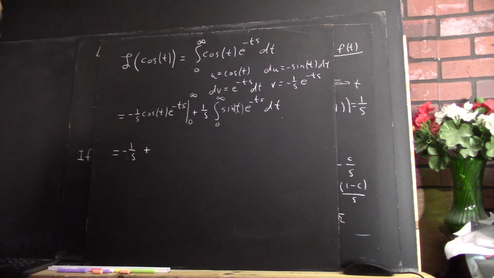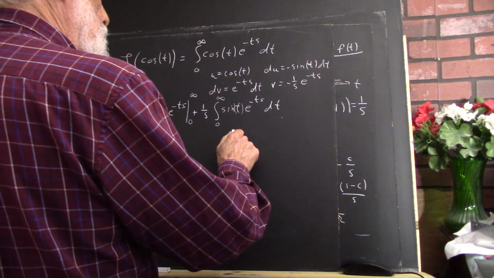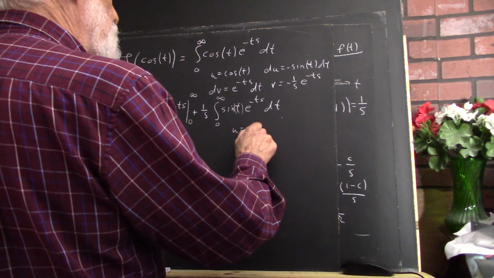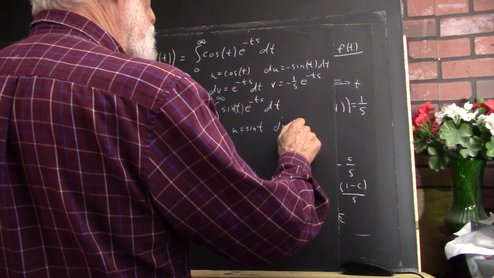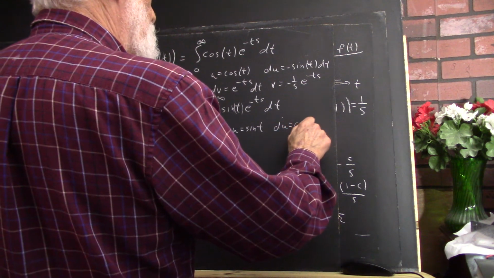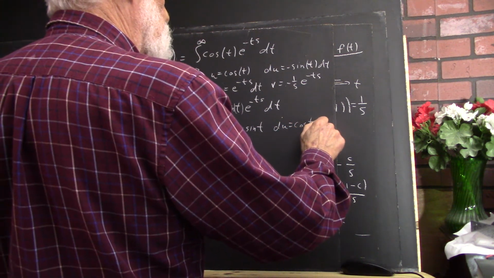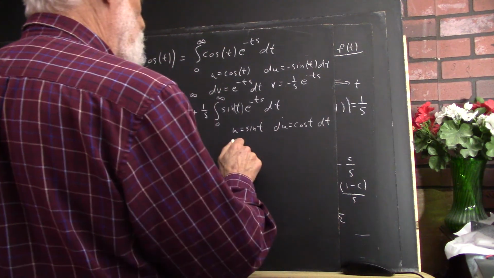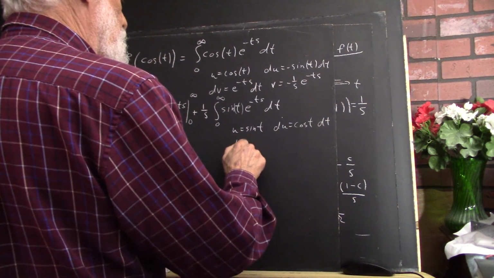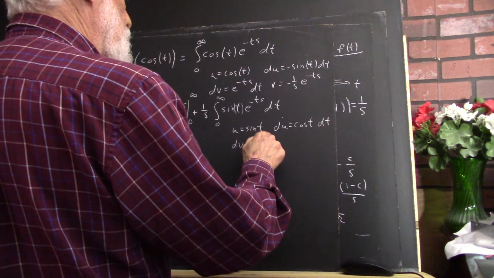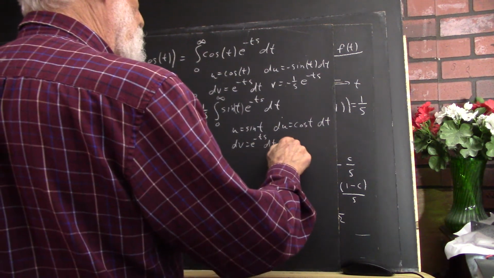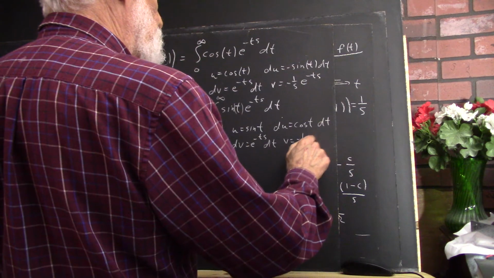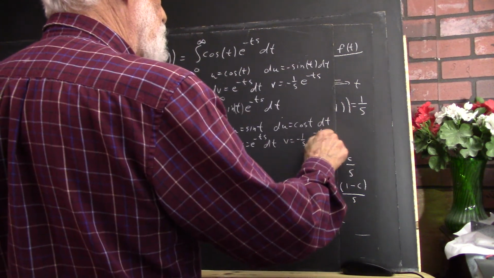Now we're going to have to do another integration by parts. We're going to now let u equal sine t, du equals cosine t dt, dv equals e to the negative ts dt, so that v equals negative 1 over s e to the negative ts.